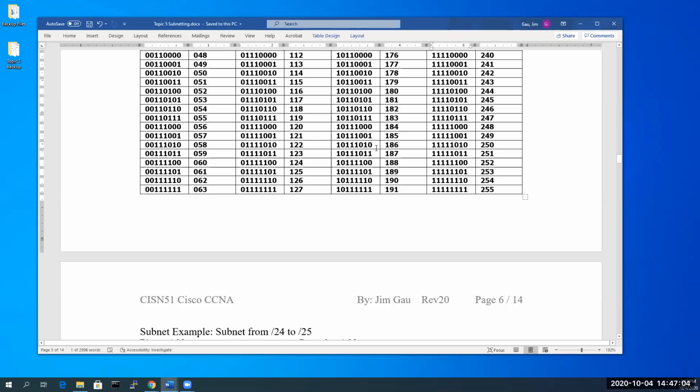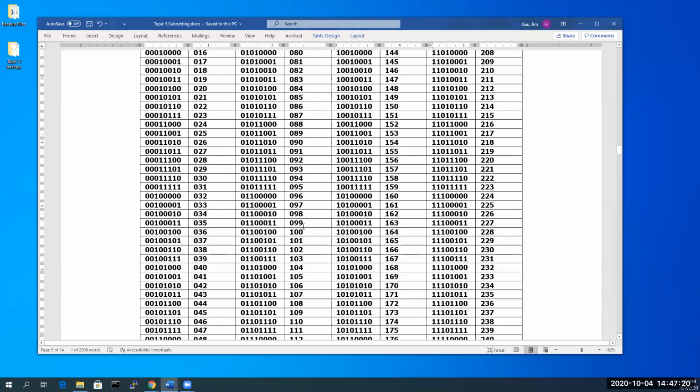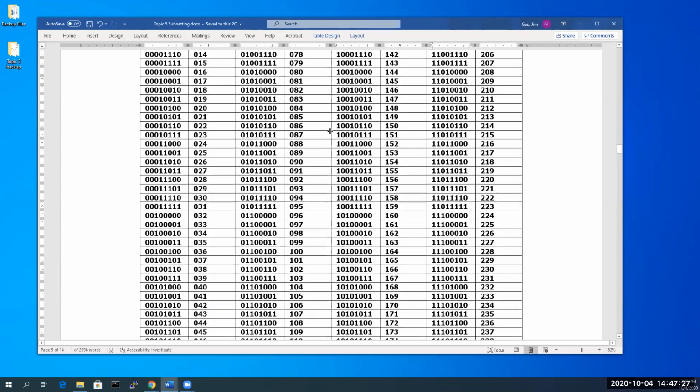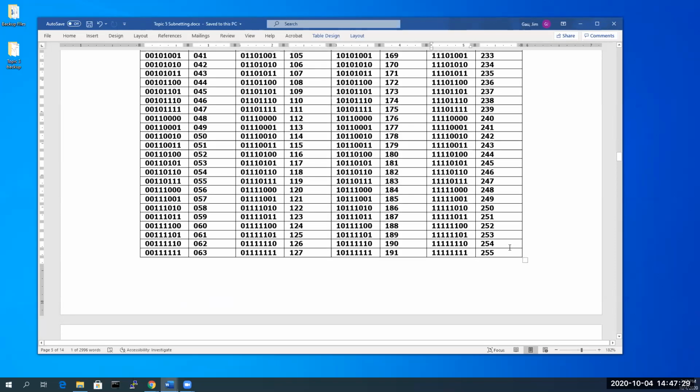So this table will give you an idea. If we say the first bit, let's fix it to 0, then it will be from 0 to 127. And the next one, if we fix it to 1, then we know that it will be from 128 all the way to 255.